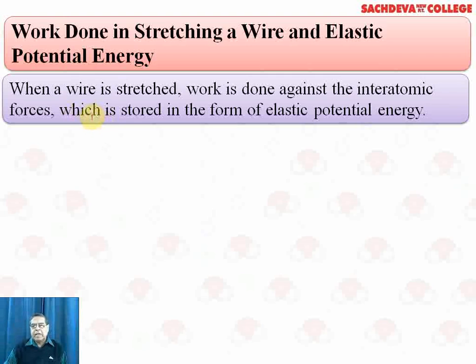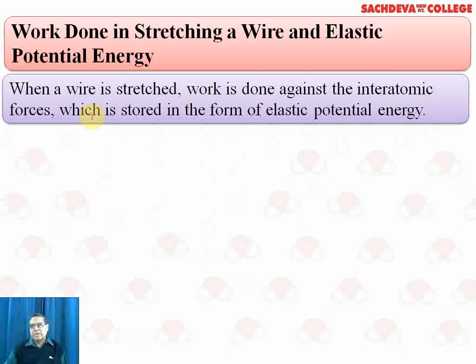So normally, as long as we don't disturb the position of the wire, the interatomic forces remain constant. But when we do work or apply force on the wire, we find that the distance among the atoms in the wire begins to increase.